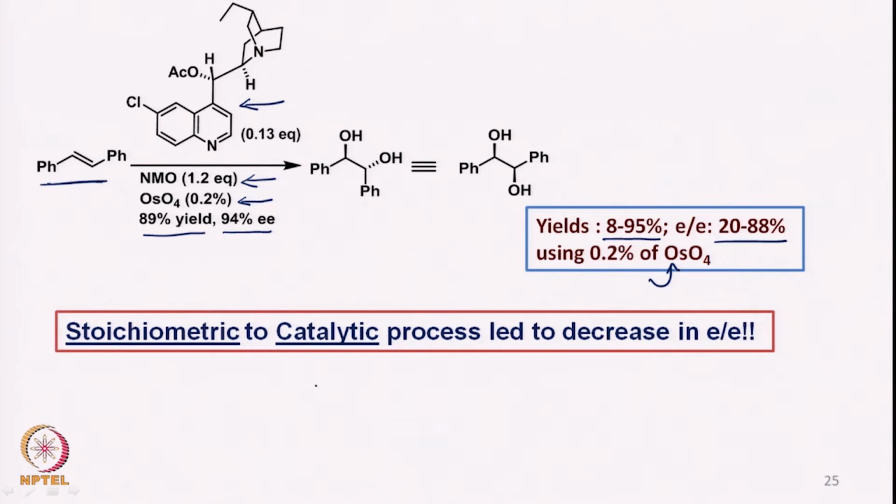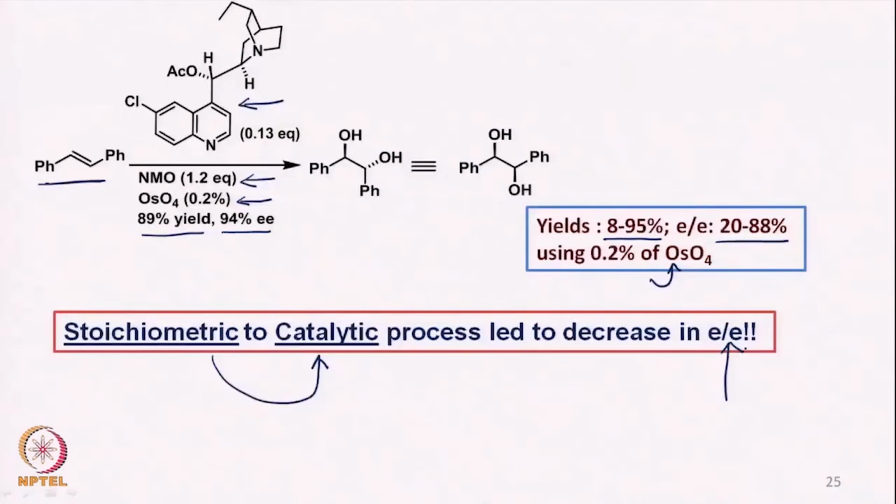But what is generally found is that if we go from a stoichiometric to a catalytic process, it leads to a decrease in enantiomeric purity. So in general it was felt that the enantiomeric purity in these cases is still not universally high, and it also needs to be looked at from catalytic to stoichiometric fashion if one wants to obtain a highly enantiomerically pure product.